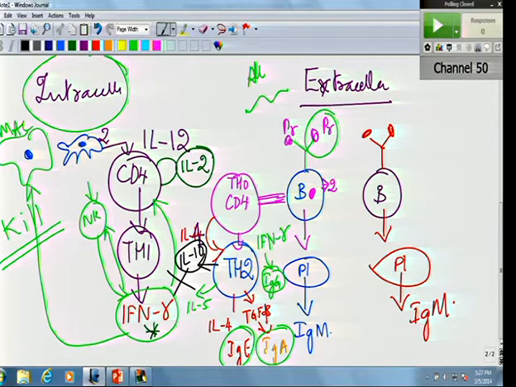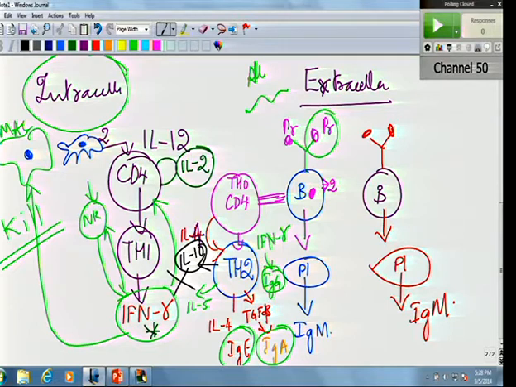Yes, it helps in isotype switching. And interleukin 6 also mainly activates the liver to produce acute phase reactants during an inflammatory reaction. Interleukin 7, lymphoid. Interleukin 8, neutrophil chemotactic agent.